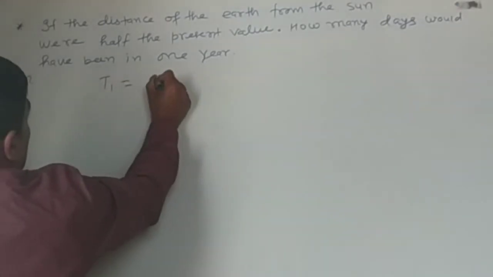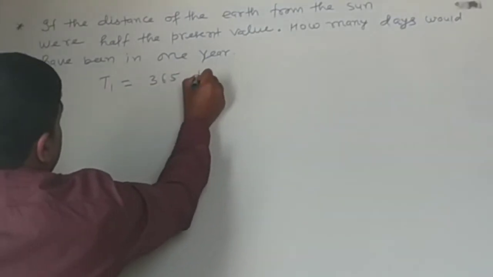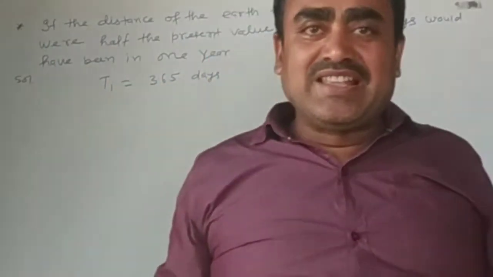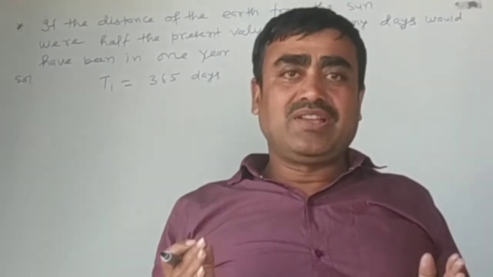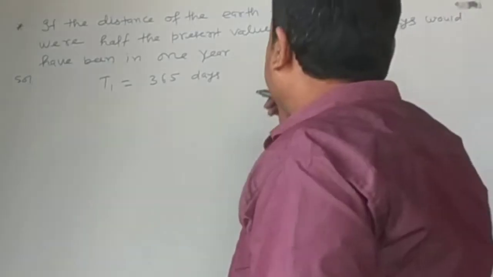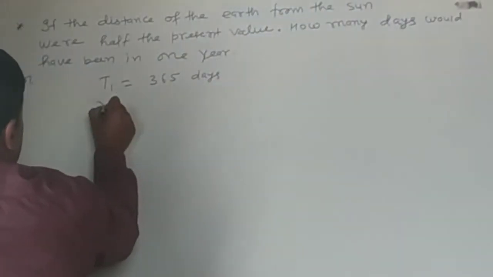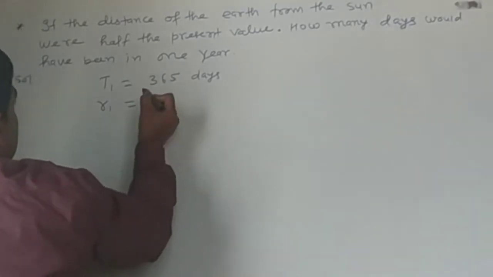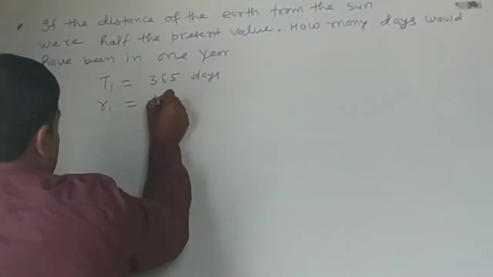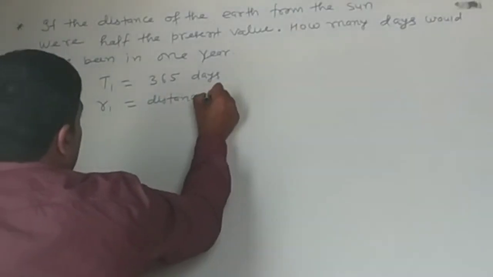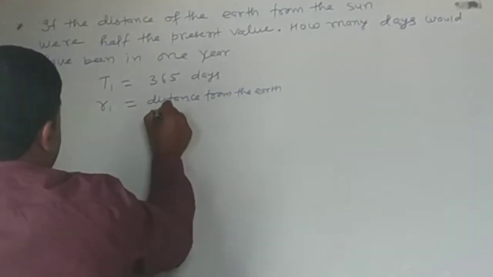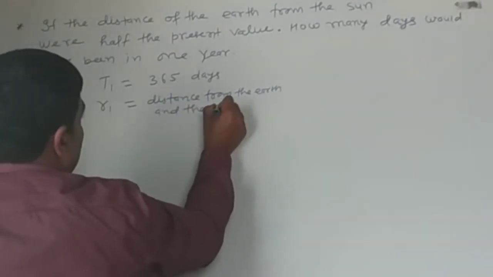T1 is equal to 365 days. How many days are in 1 year? Yes, 365 days. R1 is the distance between the earth and the sun.